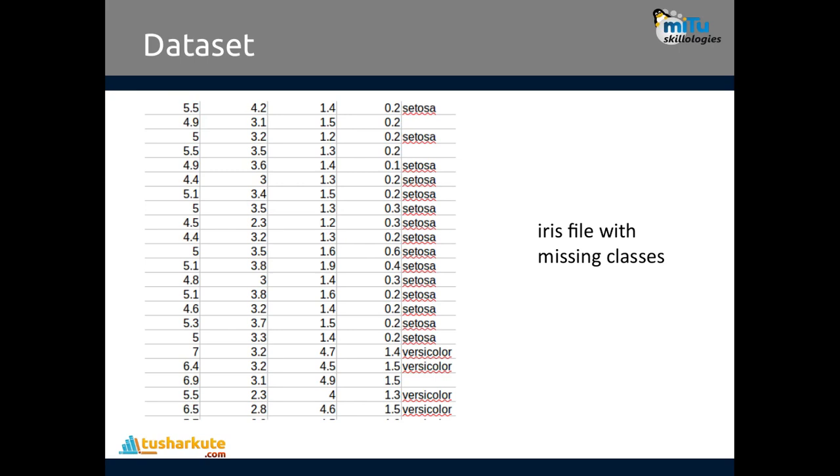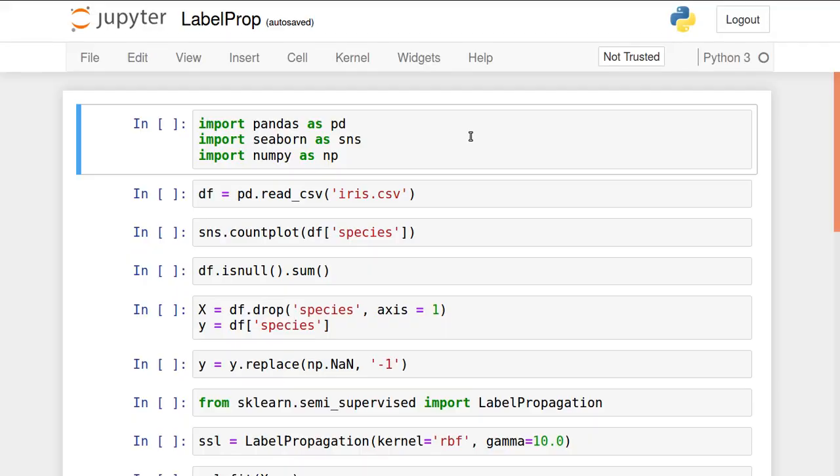We have come across this already; these are the properties of the iris flower: sepal length, sepal width, petal length, petal width, and the final one is the class. We can check out the class which I have shown over here.